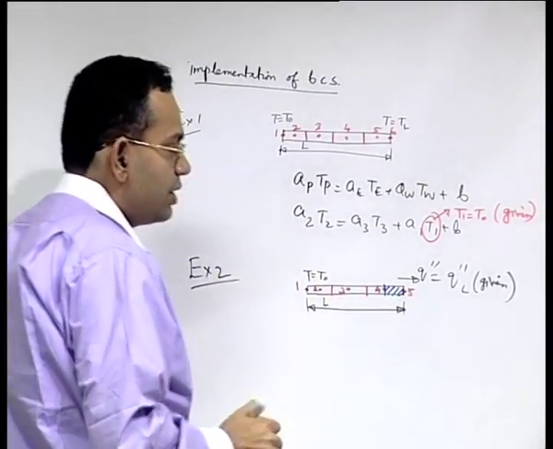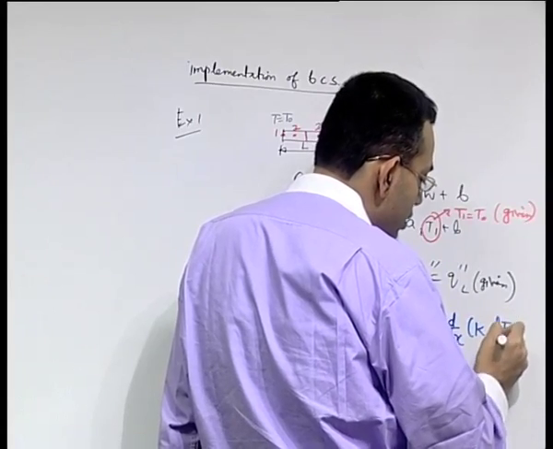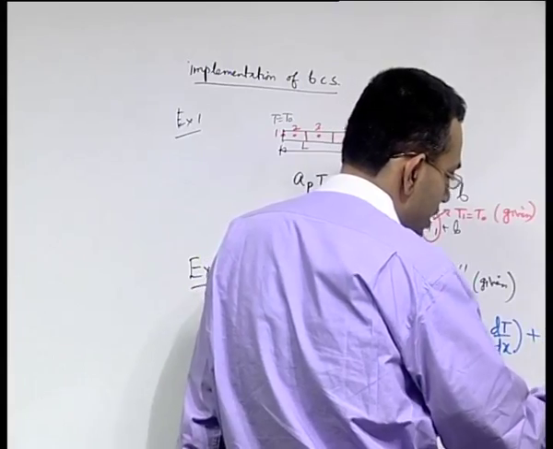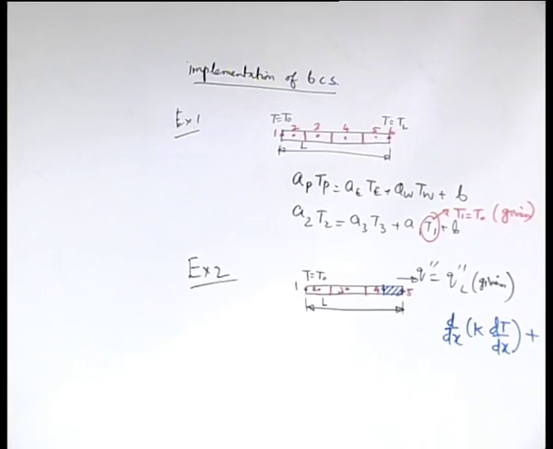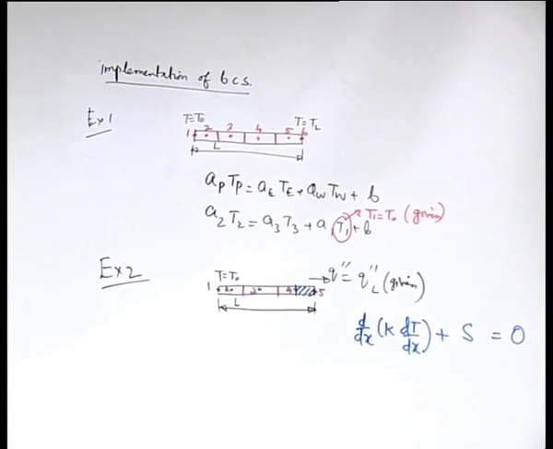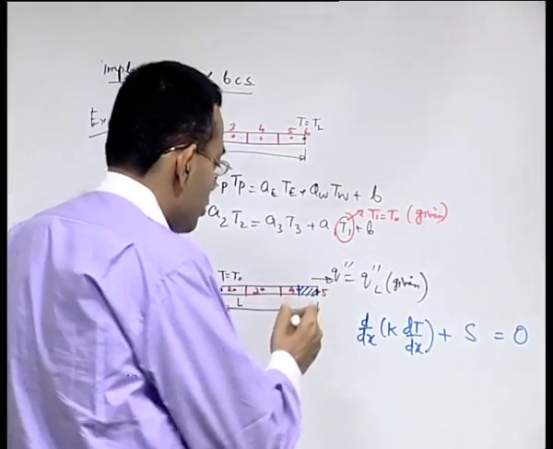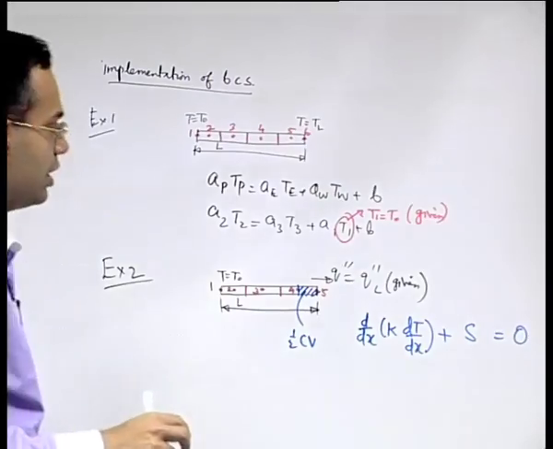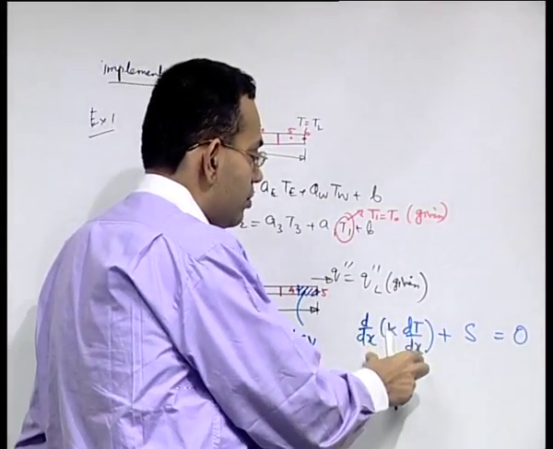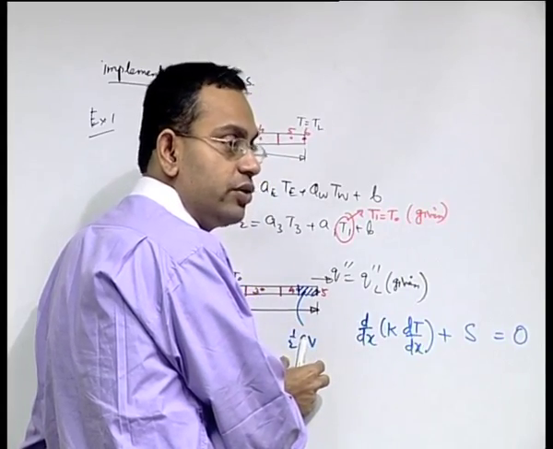Now, what is your governing equation? d/dx of k dT/dx plus S equal to 0. We identify this as a half control volume, and we will implement the boundary condition by integrating the governing equation over the half control volume.